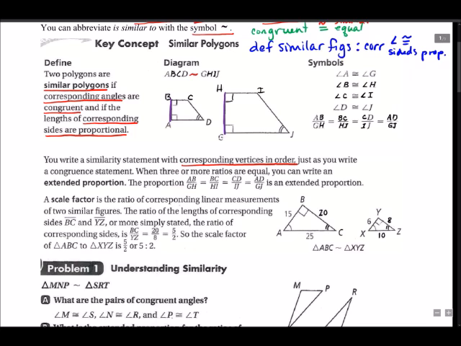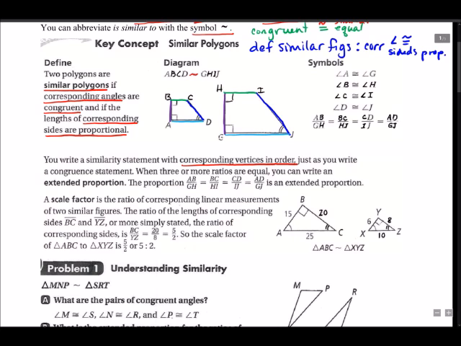So I can write the length of AB is compared to the length of GH. And who's our next side? BC. And who's next here? HI. The length of BC compares to the length of HI. And then CD and IJ. And finally, AD and GJ.